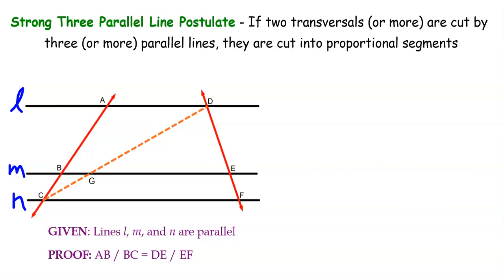We have triangle ACD and triangle CDF, each of which is cut by parallel line M, so that AC, CD, and DF are cut into segments by lines that are parallel to the bases of those triangles, which allows us to use the triangle proportionality theorem.